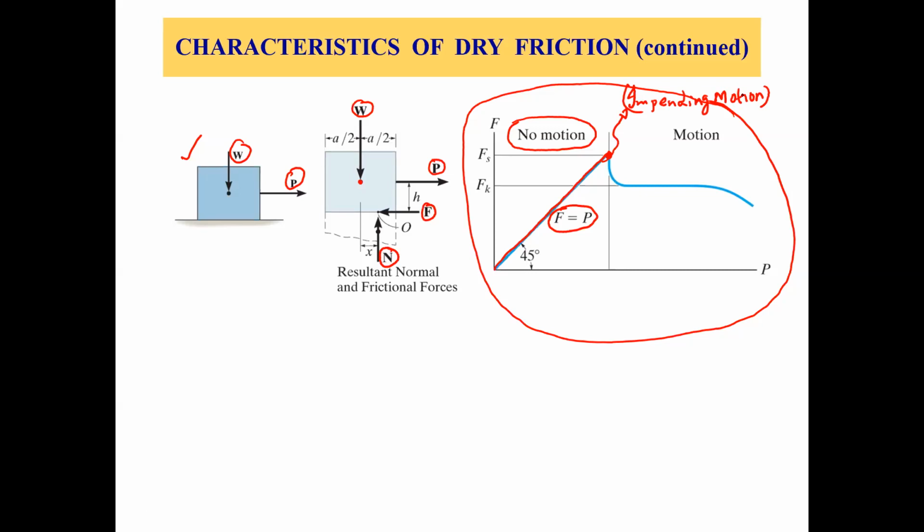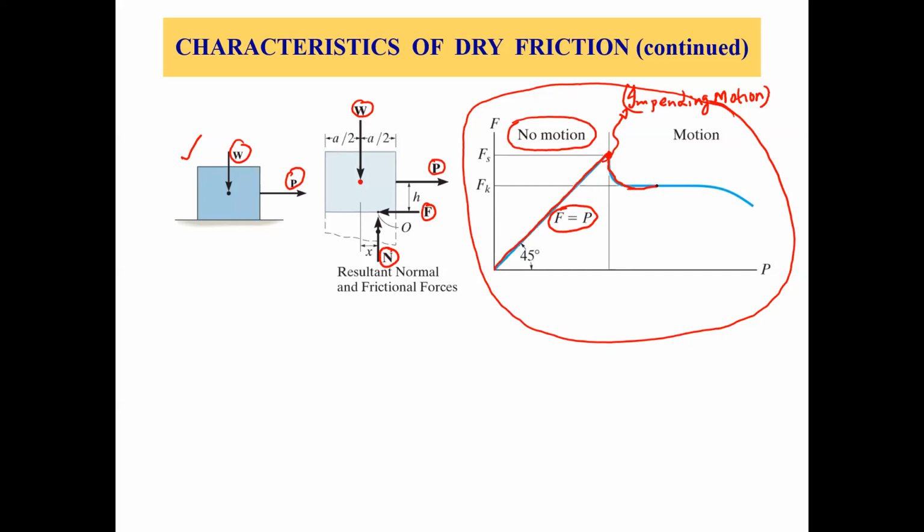Now, once you increase the applied force from this point onwards, then there's a decrease in friction force, as you can see with this curve coming down. Now, once P increases and friction force decreases, then the block moves.